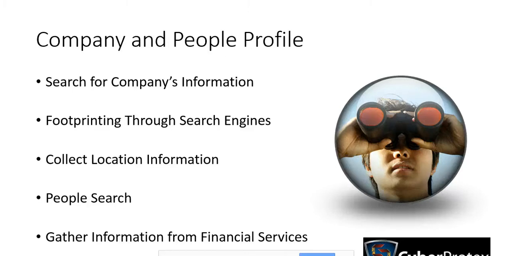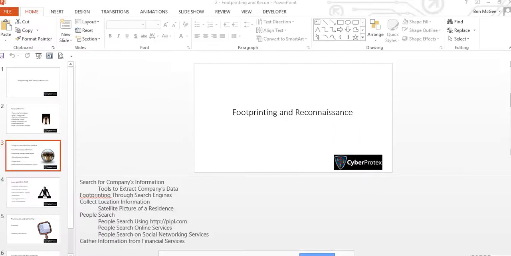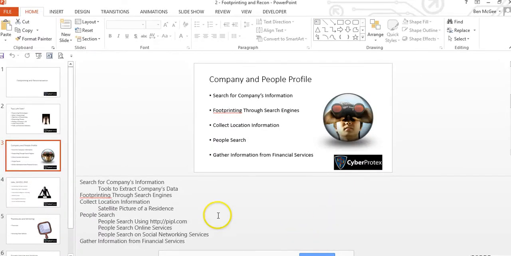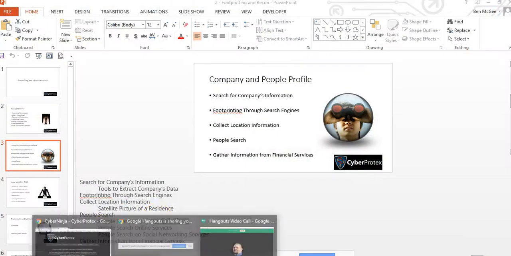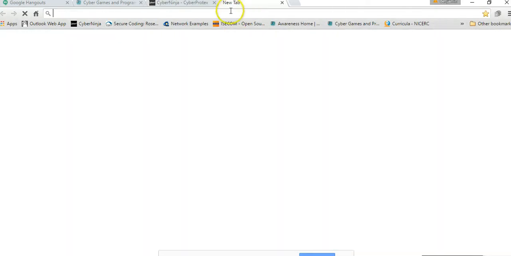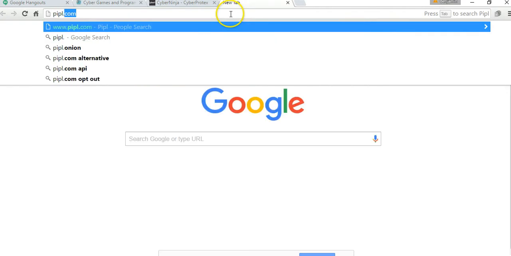So if we take a look at some of these that I have down on the screen at the bottom right, one that's very familiar to us is called PIPL. Bear with me while I go through this step.